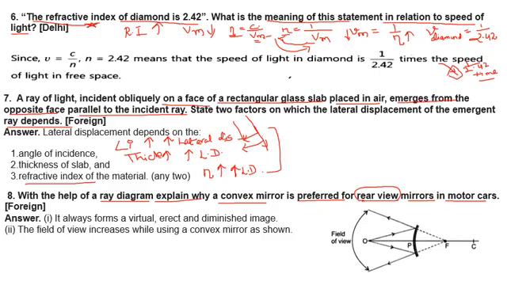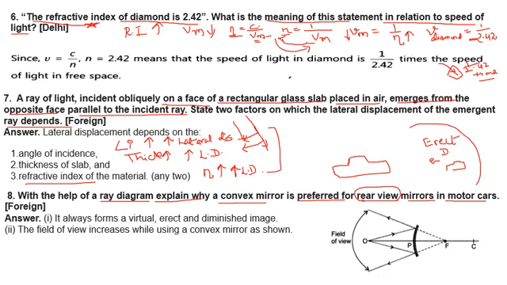To know which vehicles are coming from the back, first of all I want to see them in an erect, upright position. And I want to see them diminished also. Why? I don't want to see enlarged images, because I want to cover maximum area. So for that, a convex mirror is the best.